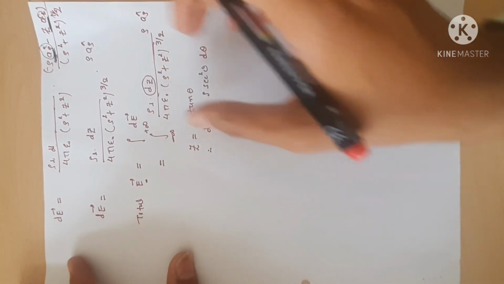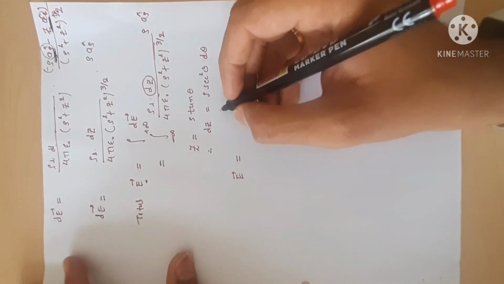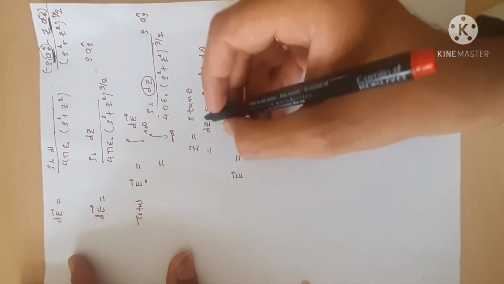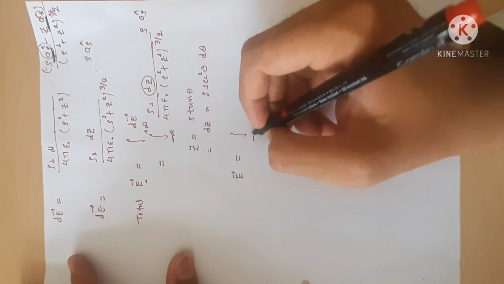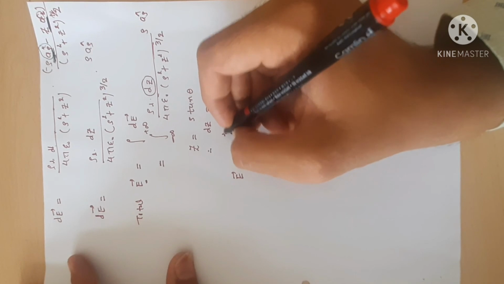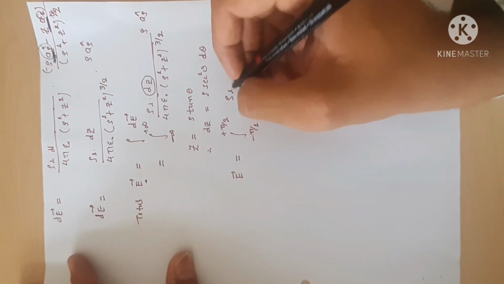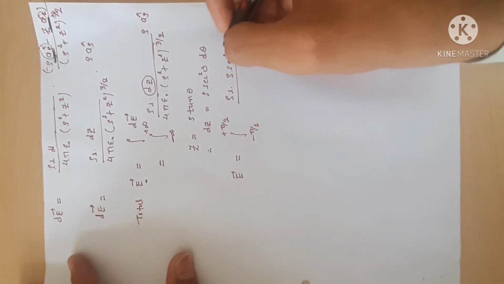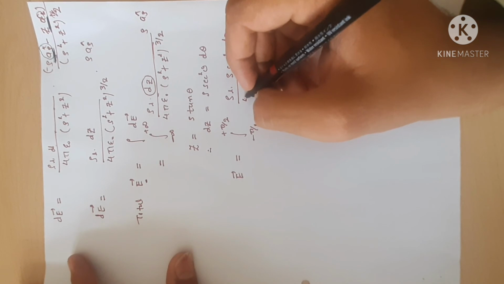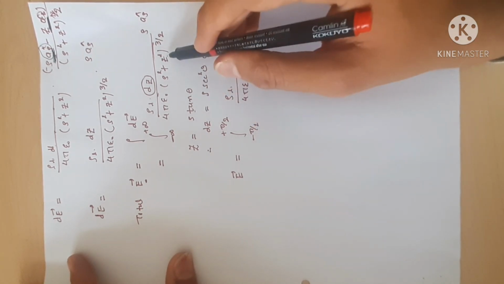If we put all those values, E is equal to the integration from minus pi by 2 to plus pi by 2. Why pi by 2? If you put it here, you get rho l into rho sec square theta d theta upon 4 pi epsilon 0, and instead of z I put rho square tan square theta.